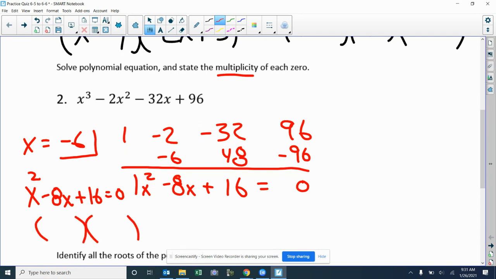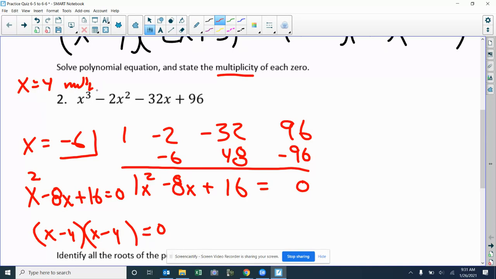It does factor. X minus 4, x minus 4. So solving there, we're going to get x equals 4, but it has a multiplicity of 2, because there's 2 of them. Remember, we got to solve, so set that equal to 0, so take that 4 to the other side.